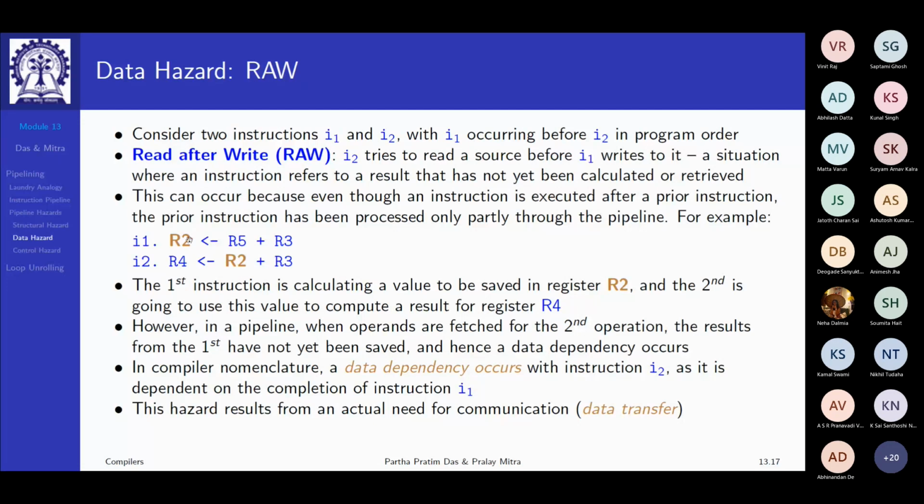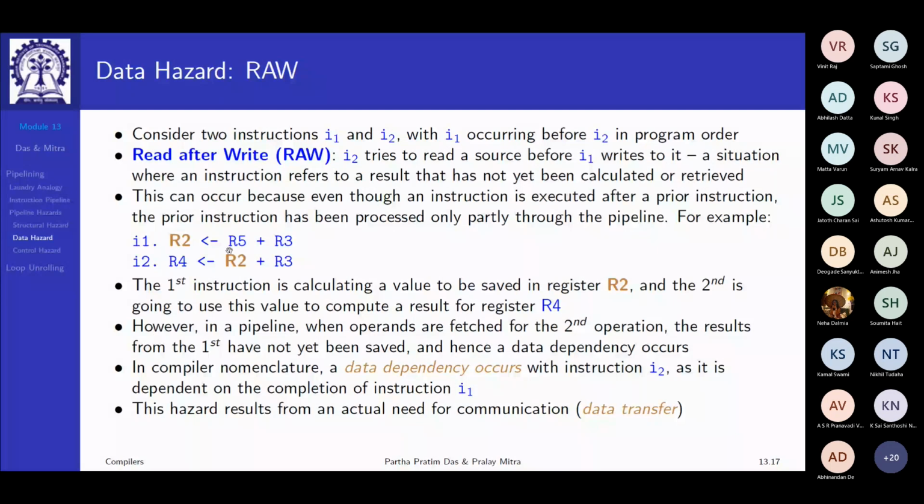and look into this I1, R2 will be written in the write back stage. But this addition of R3 plus R5 will happen in stage 3, the exec stage, right? So the ALU will already have that value. But it is just that after the ALU has that value, there is a memory cycle where nothing happens for this case, and then there's write back. Only then will it come to R2. So what if we do a shortcut?